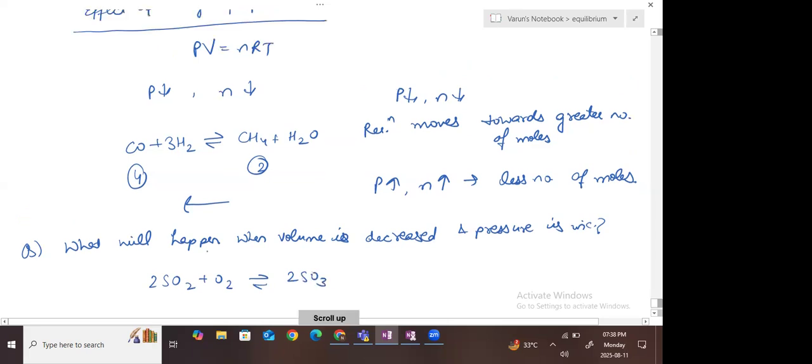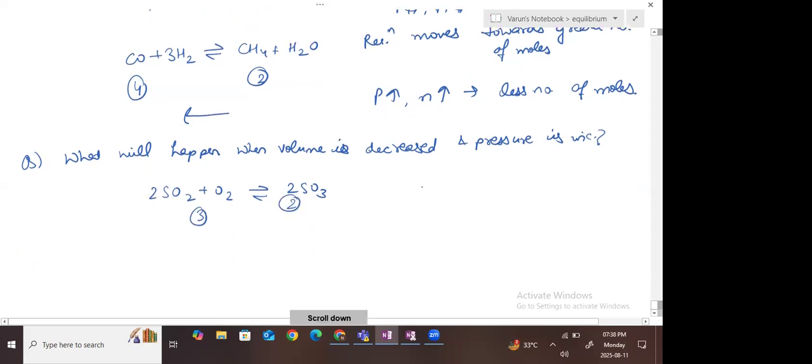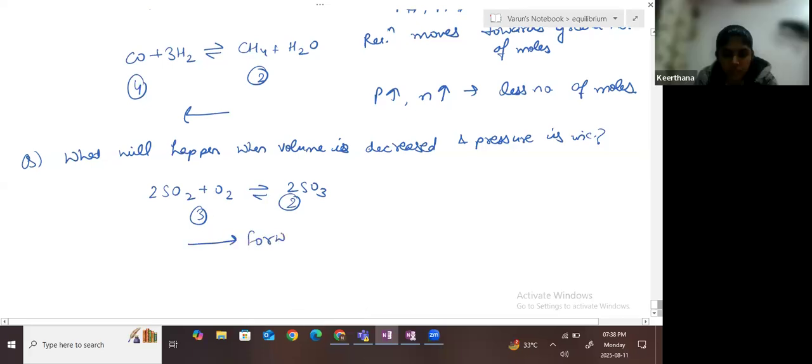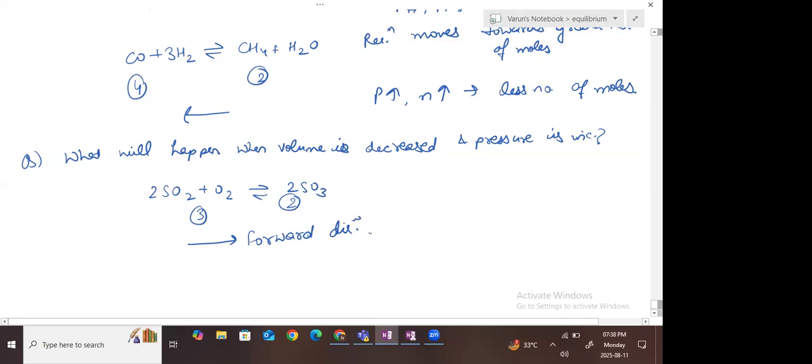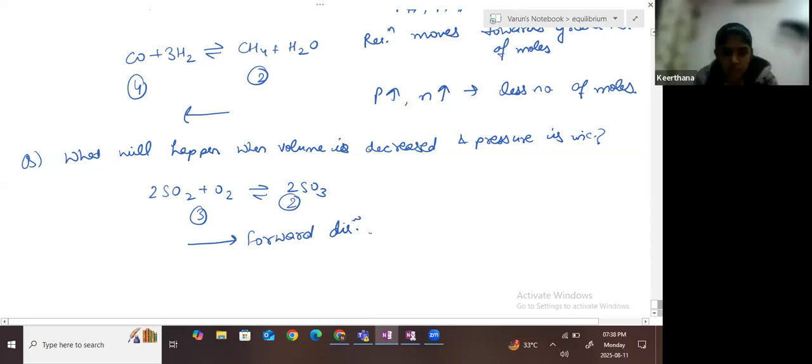I'm increasing the pressure, so my number of moles will increase. Here I have 3 moles, here I have 2 moles. So when I increase the pressure, my reaction will shift to less number of moles, means my reaction shifts to forward direction. Right? Clear? Yes, ma'am.